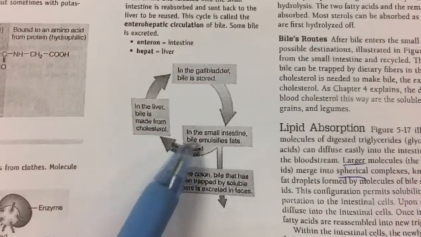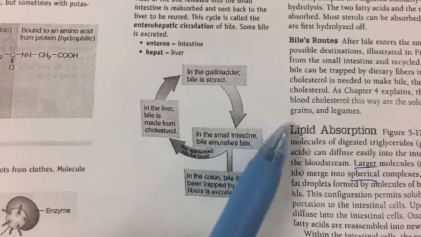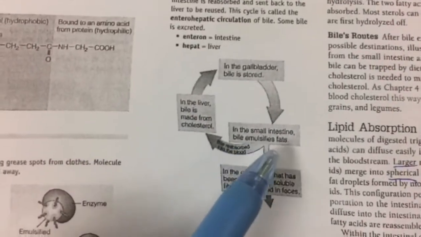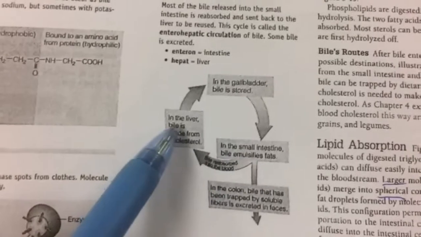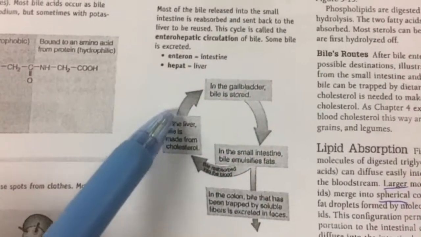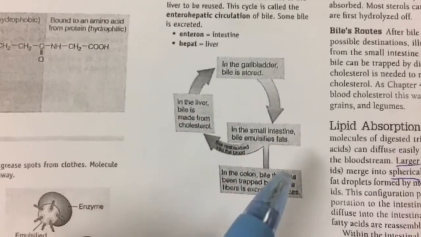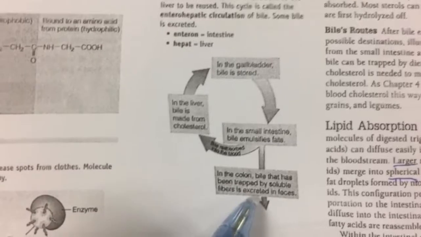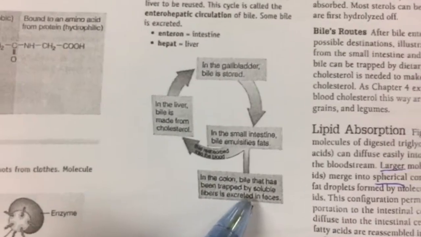Untuk bile, selepas bile digunakan akan ada dua tempat yang dia akan pergi. Yang pertama, bile itu akan di-reabsorb dan di-recycle, dia akan digunakan semula. Dan lagi satu, bile mungkin akan terperangkap ke dalam fiber dan akan di-excreted in feces.